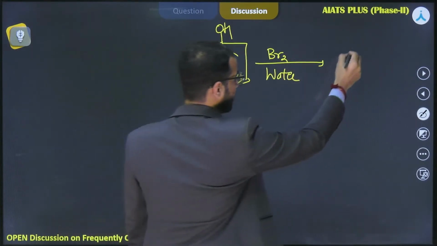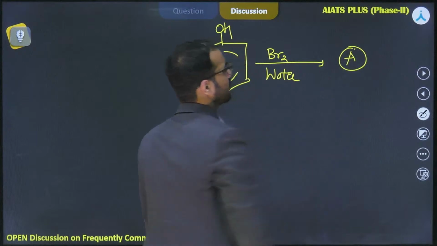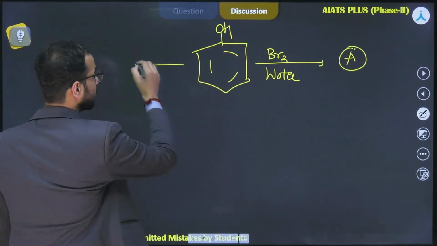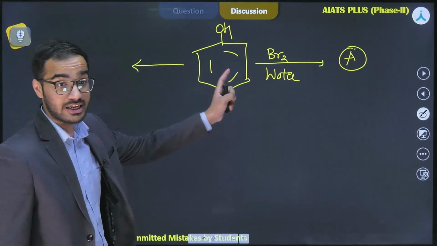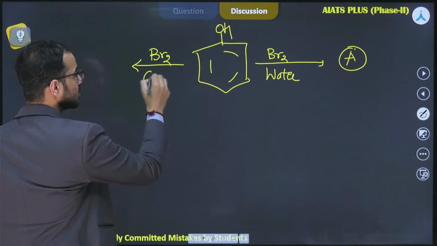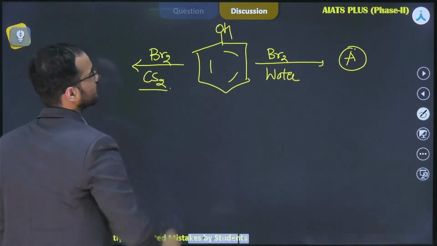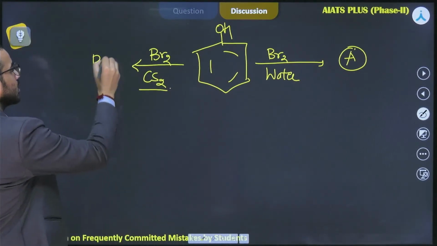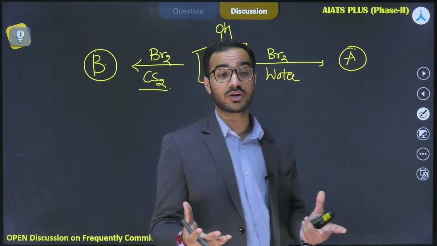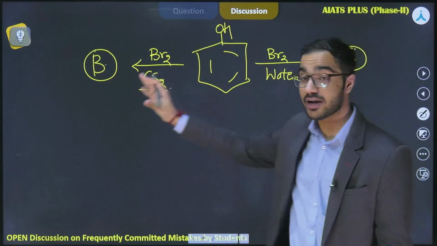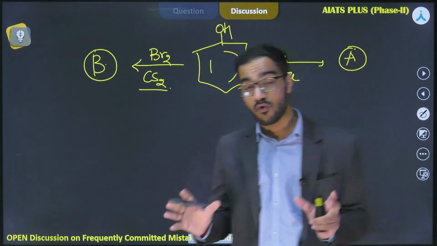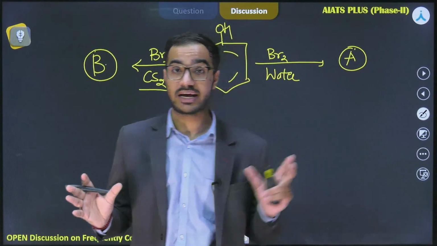This will be A. And if you are reacting the phenol with bromine in CS2 medium, the product is B. So my question to you is whether A and B are the same or different.